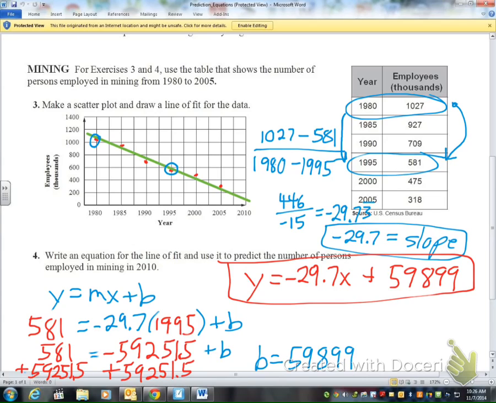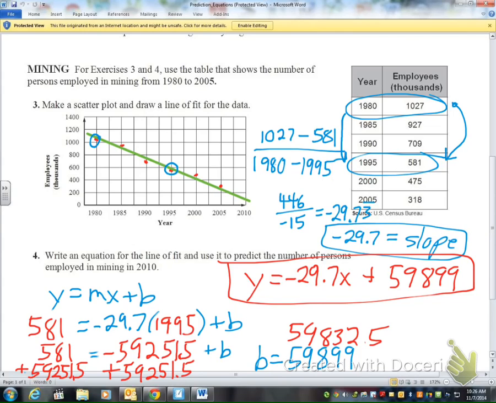And that gives me, my b value would be 59,832.5. Is that fairly close to what we got the other way? Yeah, we're off by like 60, but considering the size of that number, when your value is either 59,832 versus 59,899, a difference of 60 is very minimal, right?